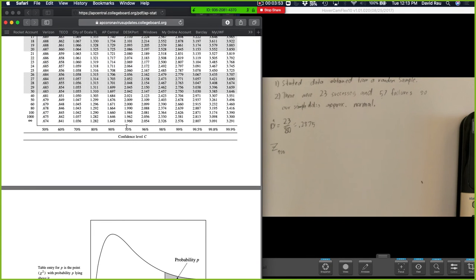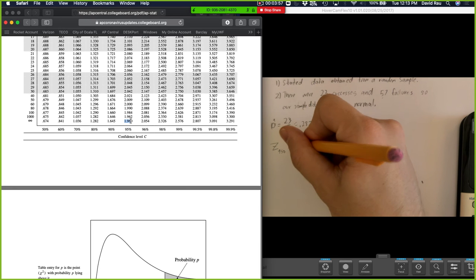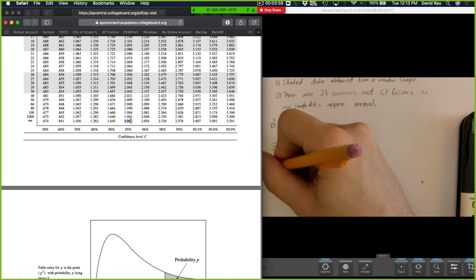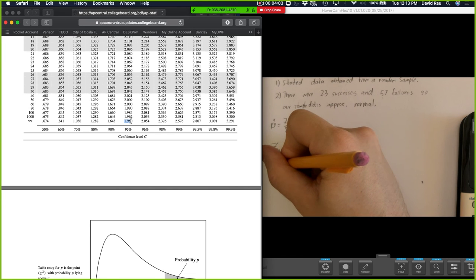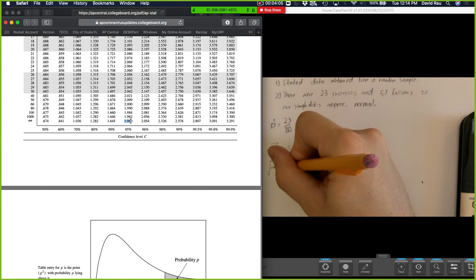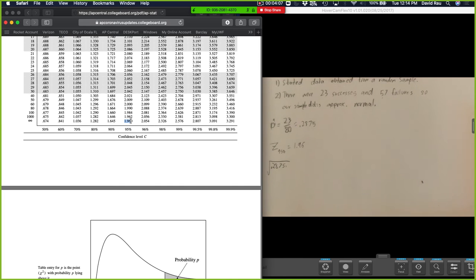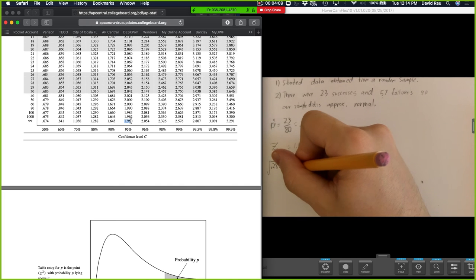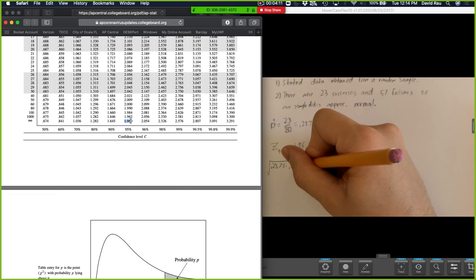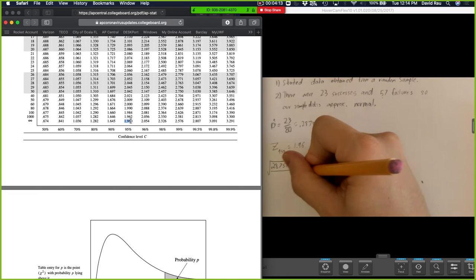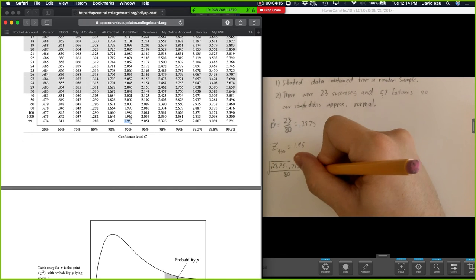The bottom of the t table has the z value, so 1.96. And then the standard deviation is going to be 0.2875 times 1 minus that, which ends up being 0.7125, all divided by our sample size of 80.